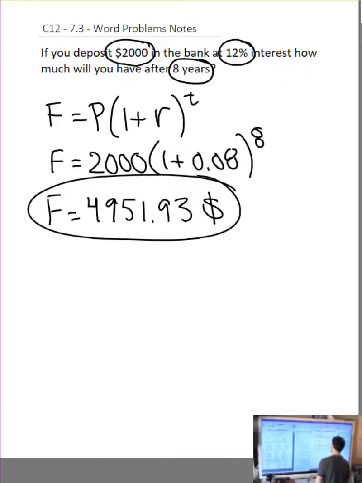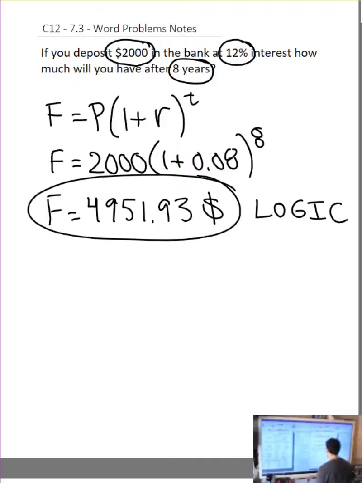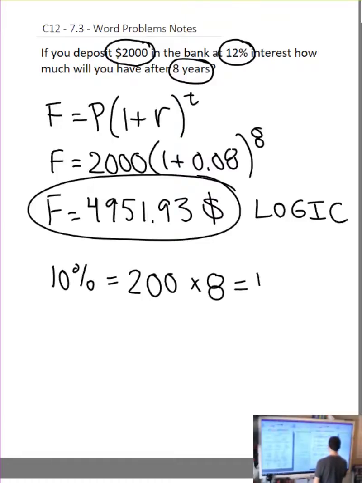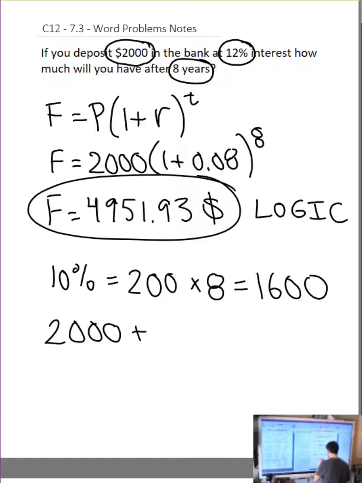Circling our answer, a logic check, always logic. If I put $2,000 in the bank, 10% will be about $200. Now if I do that for 8 years, it's going to be about $1,600. So if I take the present value of 2,000 plus the approximate 1,600, I get 3,600.